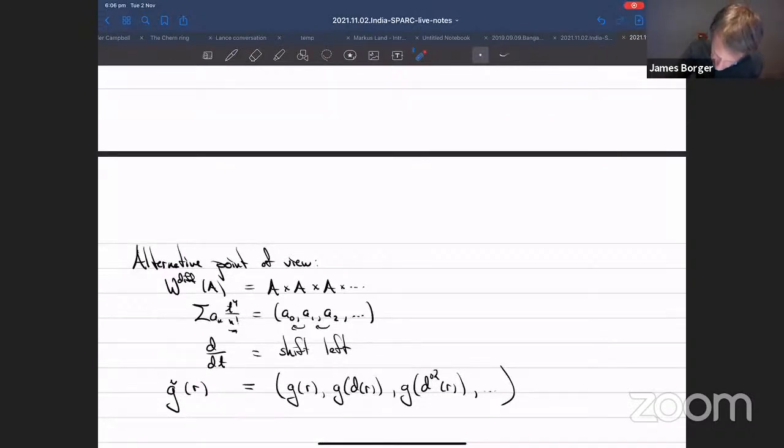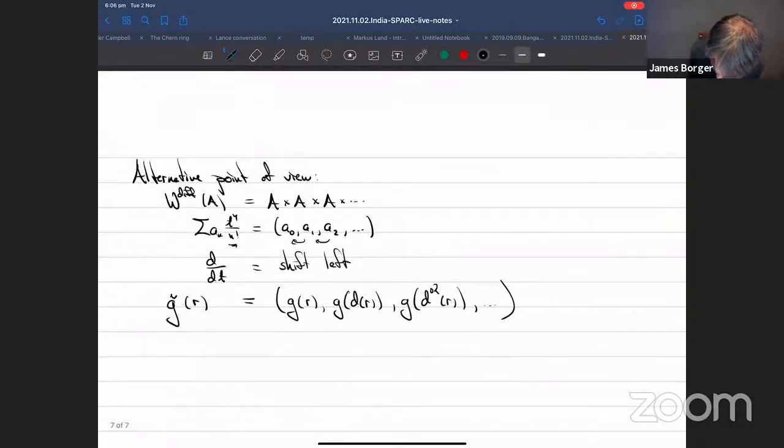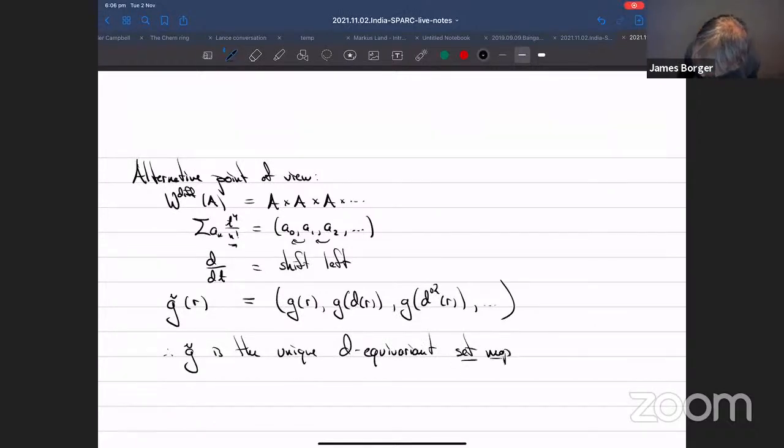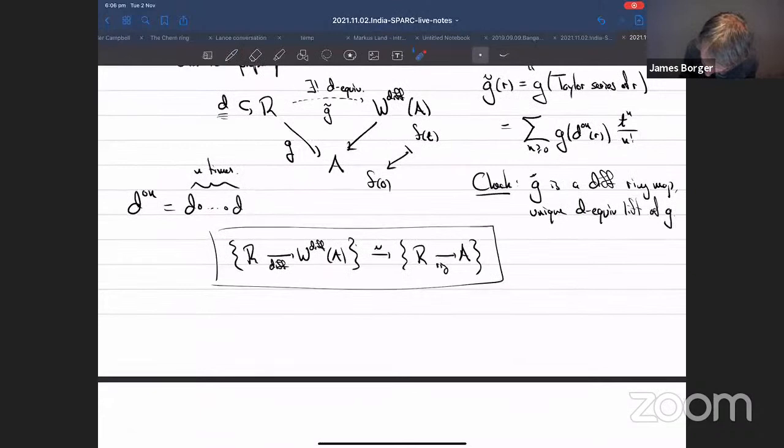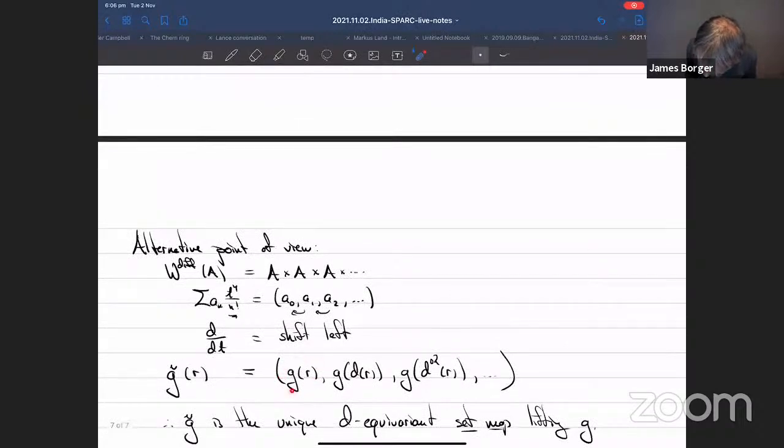And now it's maybe kind of obvious that in fact, G tilde is the unique D-equivariant set map lifting G, because if it lifts G, the constant term of this power series better be just G of R. In other words, component number 0 here has to be G of R, but then it also has to be D-equivariant. So D is just a shifting operator on these coefficients.